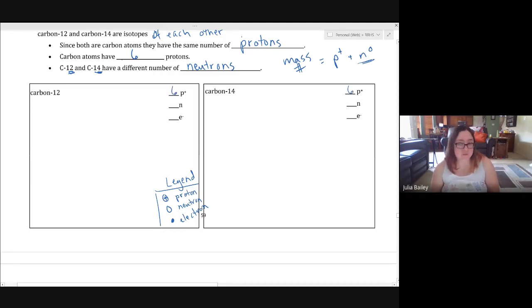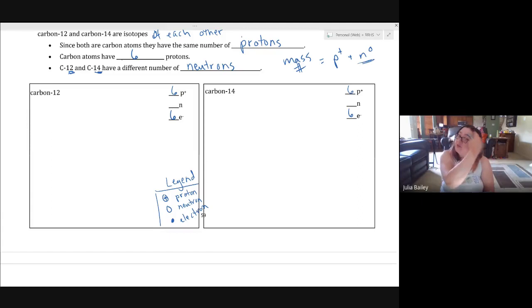Until we get to unit 4, we're pretending the number of protons and electrons is always the same, because we are always looking at neutral atoms for now. So if there are 6 protons, there are also 6 electrons. There are lots of cases where protons and electrons are not equal, and we're going to talk about those later in unit 4.